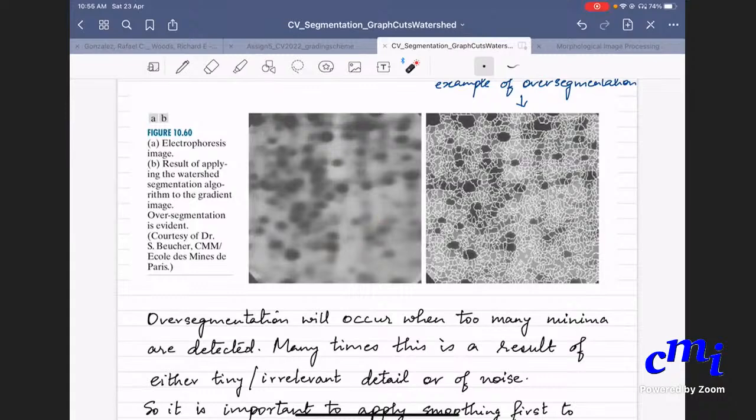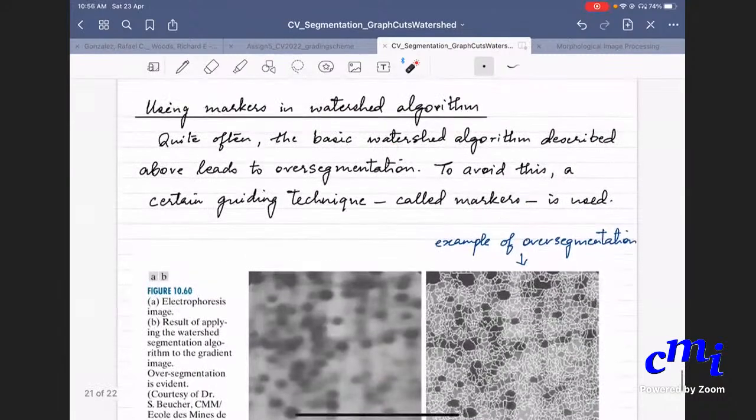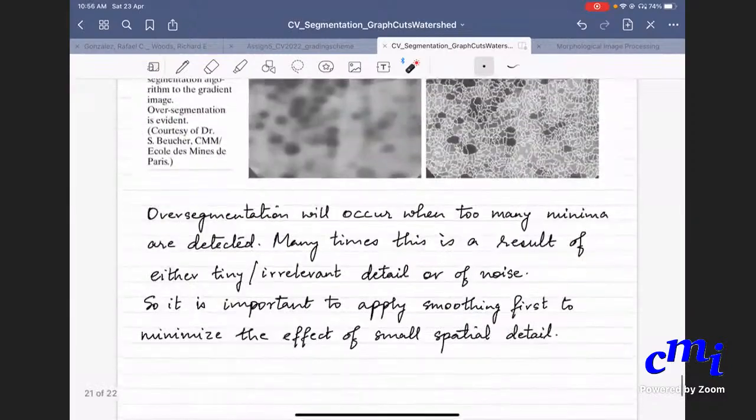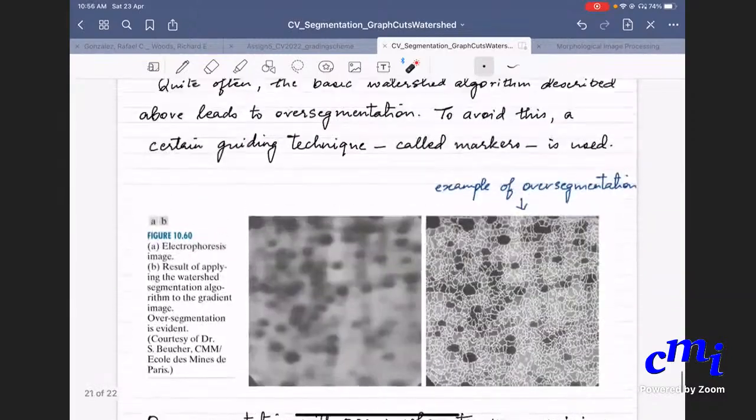That is called markers. So the watershed algorithm allows this extra knowledge to be incorporated so that you get a reasonable segmentation.